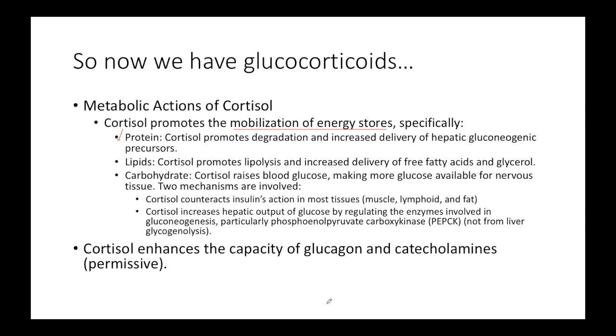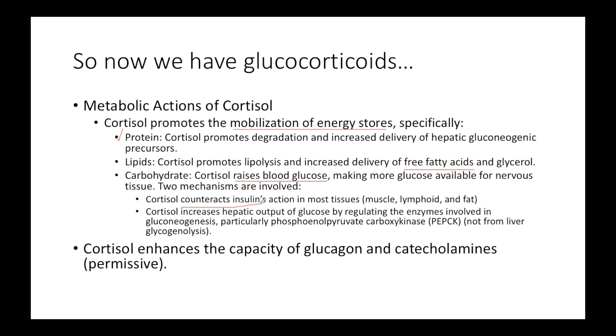As far as lipids, it'll promote lipolysis and delivery of free fatty acids and glycerol. And as far as carbohydrates, cortisol will raise blood glucose so that it is available for nervous tissue. And it does this by two mechanisms.